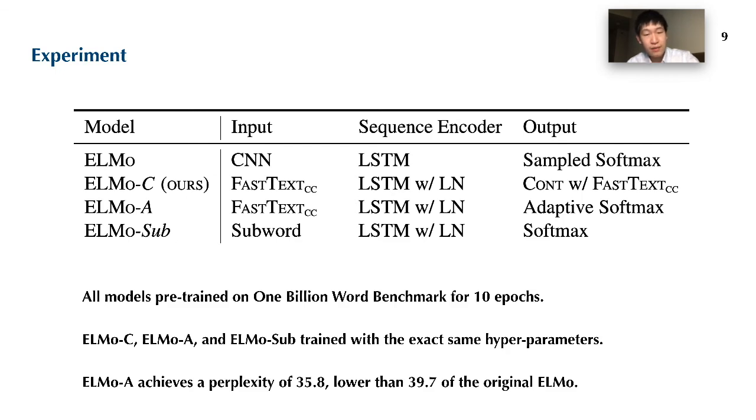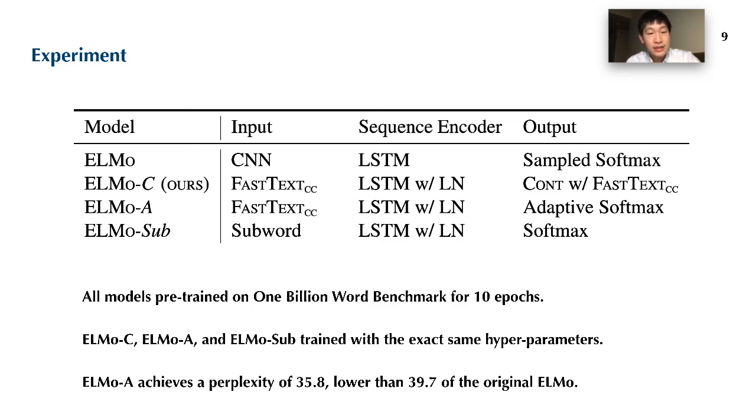To make a fair comparison, we introduce two additional baselines, ELMo-A, which means ELMo with adaptive softmax, and ELMo-Sub, which means ELMo with subwords. Adaptive softmax and the subword approach are both popular methods for dealing with a large vocabulary. All models are trained on the same corpus for 10 epochs, following ELMo.